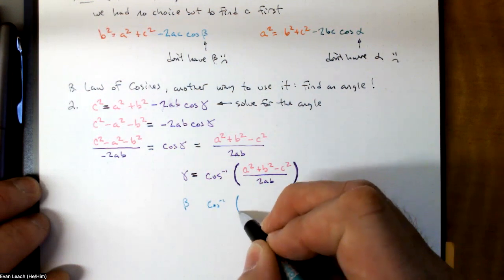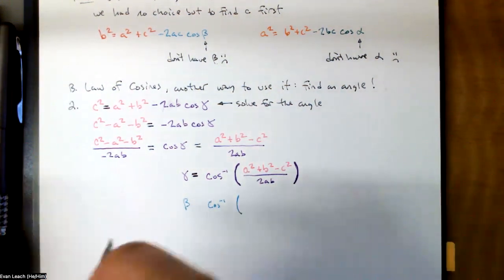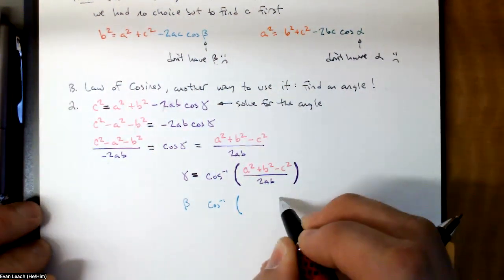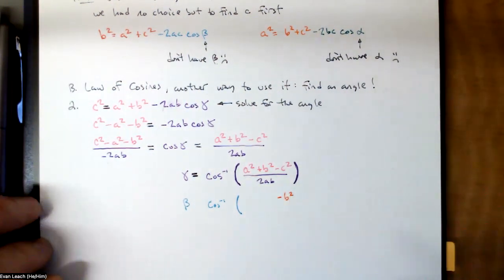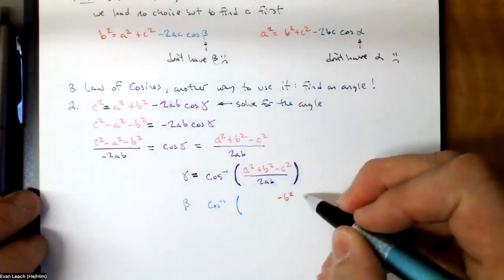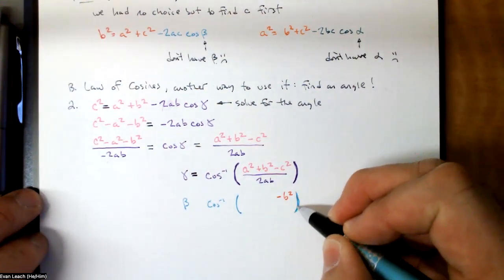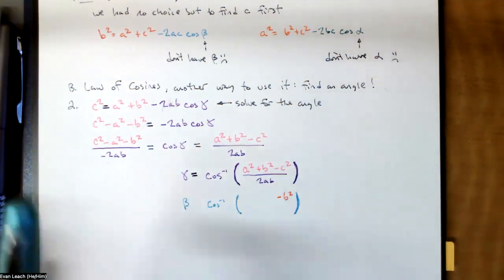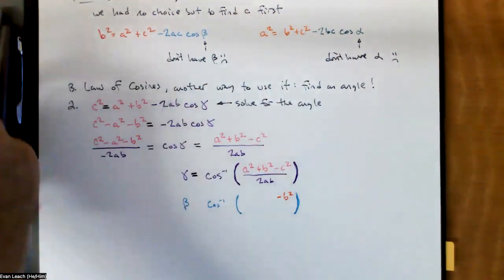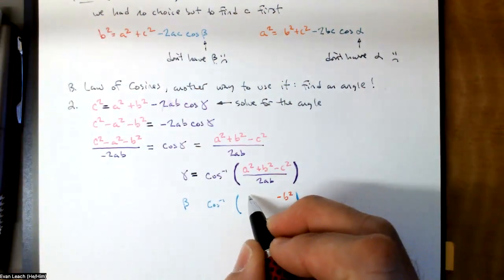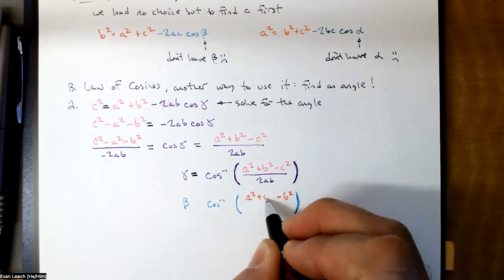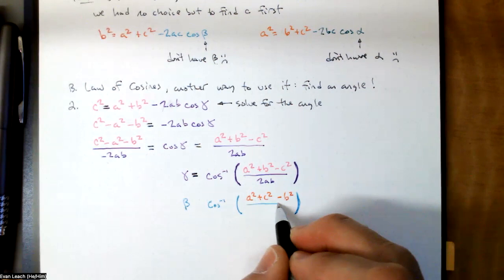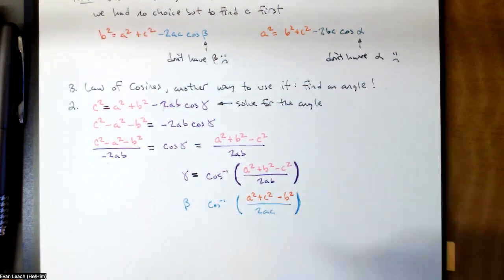The negative term would be the minus B squared. That's where the matching happens. Beta and then the B squared, just like the gamma and the C squared. The rest of it would just be A squared plus C squared, the stuff that doesn't match. And then the denominator is 2AC.